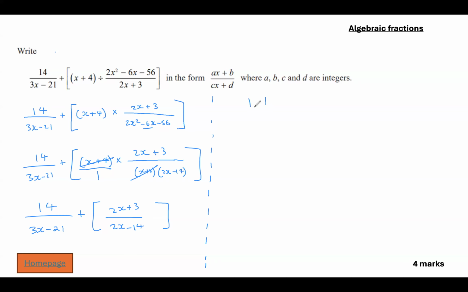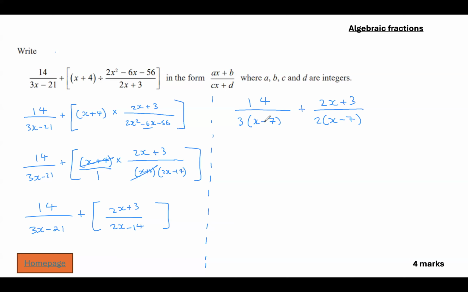So we've got 14 over, if I factorize this, I can factor out 3, so we get 3 times x minus 7, plus 2x plus 3 over, and if I factorize this, I'm going to get 2 times x minus 7. Oh, so this makes our life a lot easier by simply noticing that we can factorize the denominators.